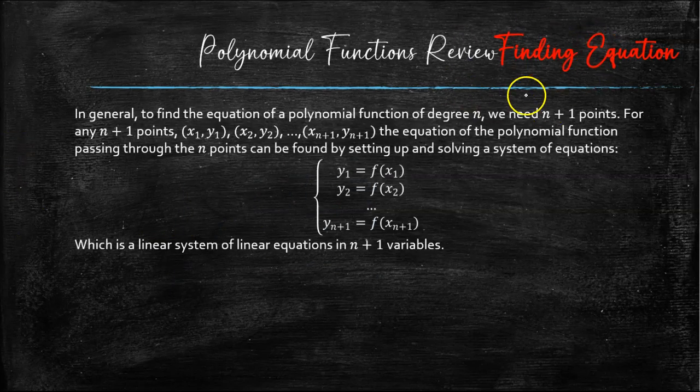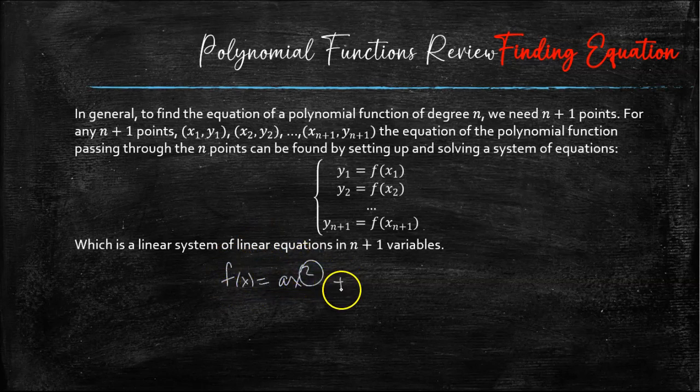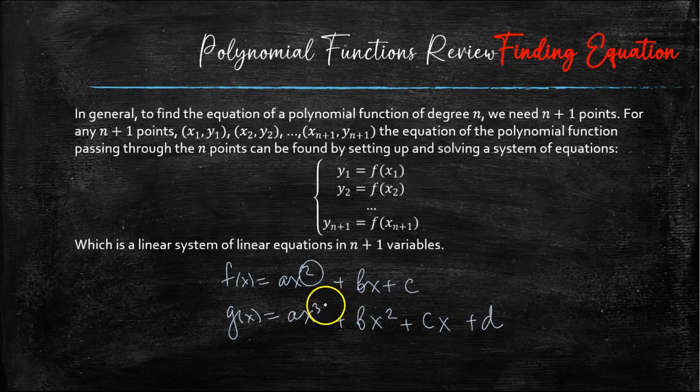Now, if you need to find an equation of such a polynomial function, a polynomial function of degree n has n plus 1 parameters. Why? Because look at quadratic functions. They are polynomial functions of degree 2, but they have 3 parameters. If you look at cubic functions, they are polynomial functions of degree 3, but they have 4 parameters.